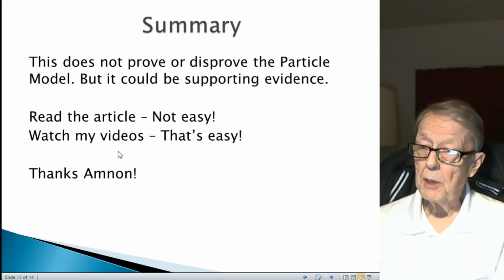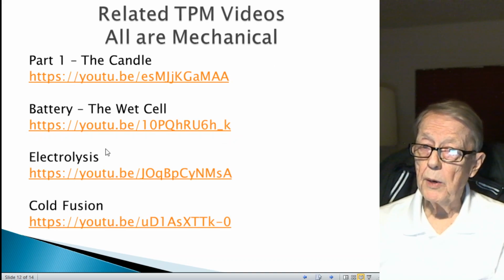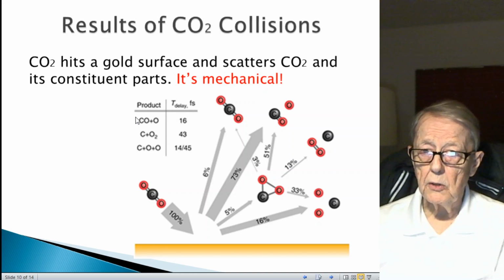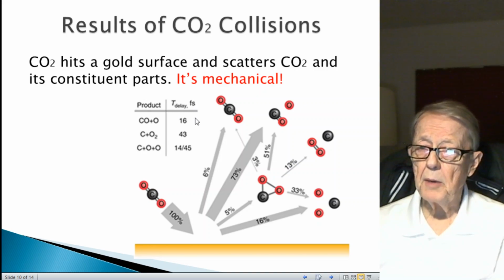I did miss something that is very important, and I will back up. I apologize for this. There's a chart here which shows what products are developed and what the time delay is. This is in femtoseconds. Femto is 10 to the minus 15th.